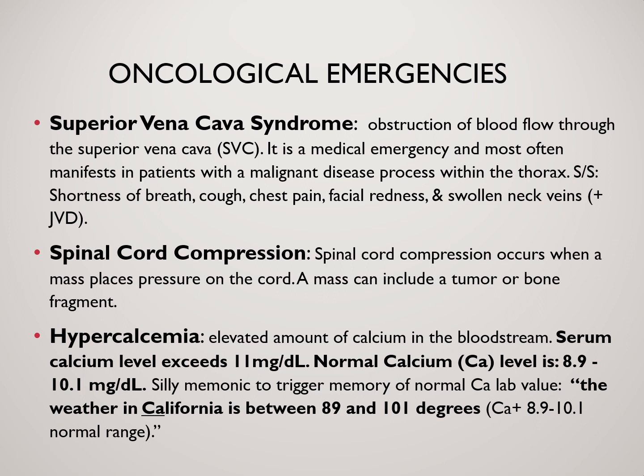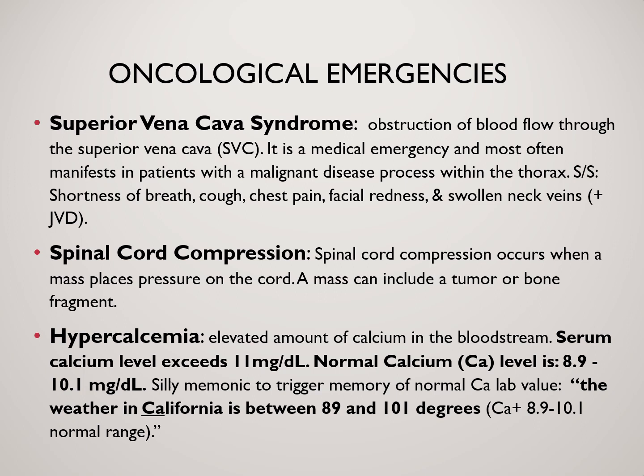The serum calcium exceeds 11 milligrams per deciliter, and I have a little memory jogger to help me remember calcium. Your normal calcium level is 8.9 to 10.1, and remember, normal lab values do differ from textbook to textbook, but they're all pretty well in range of each other.